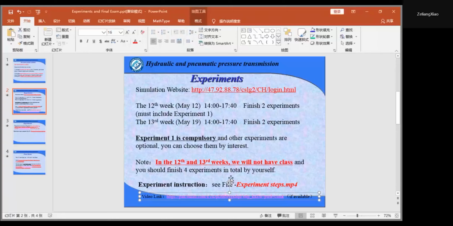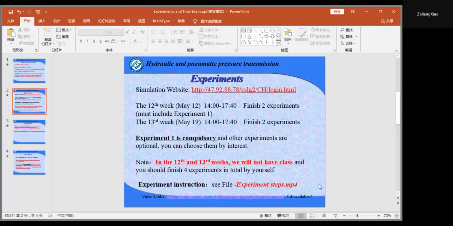All right, Laushi, we understand. If you don't know how to do the experiment, you can see the video, which is the instruction.